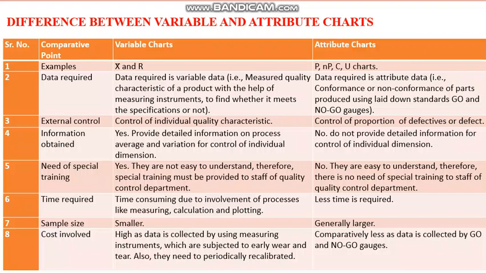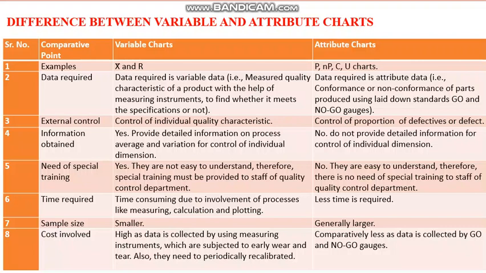Now need of special training. Special training is needed when you are using precision instruments, so for variable charts, people working in the quality control department need special training. Whereas for attribute charts, no big training is required.